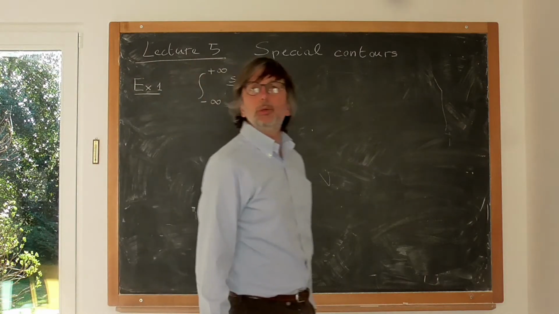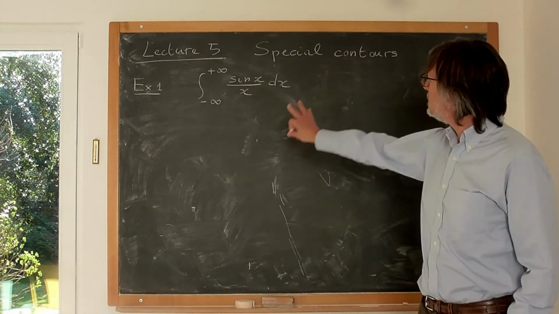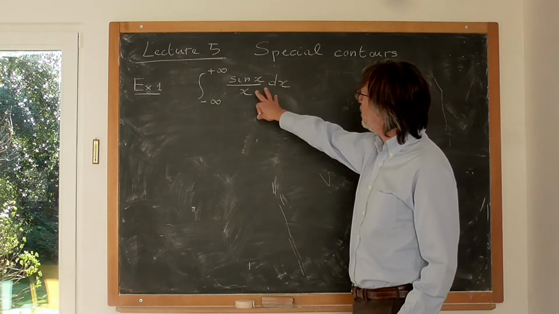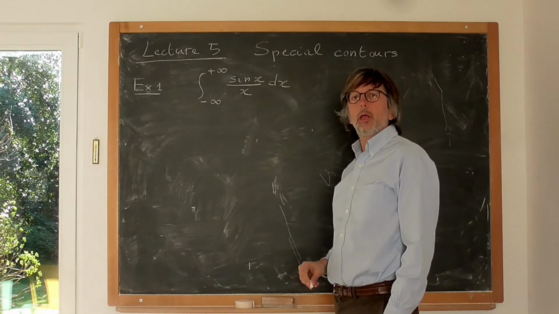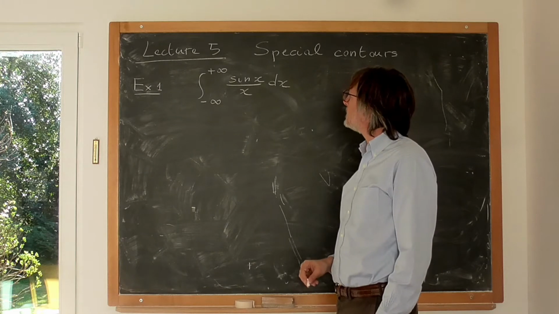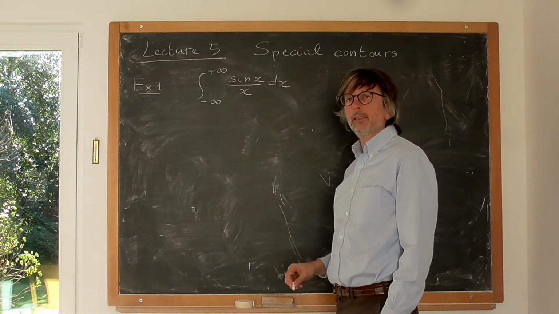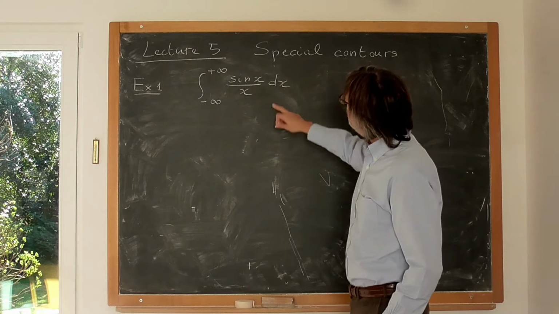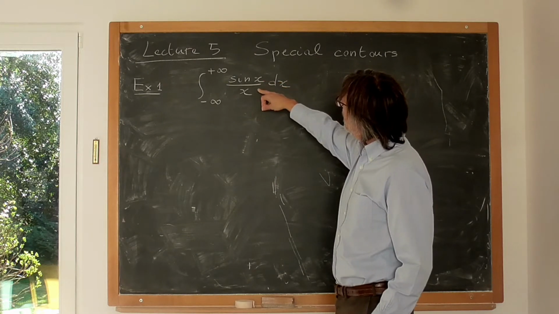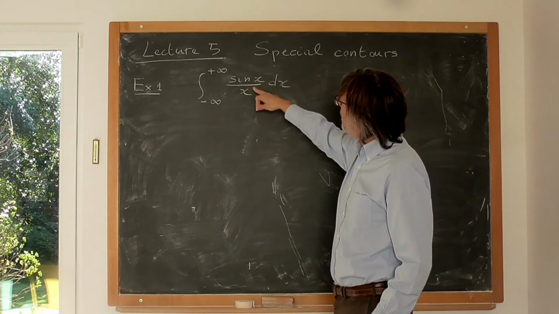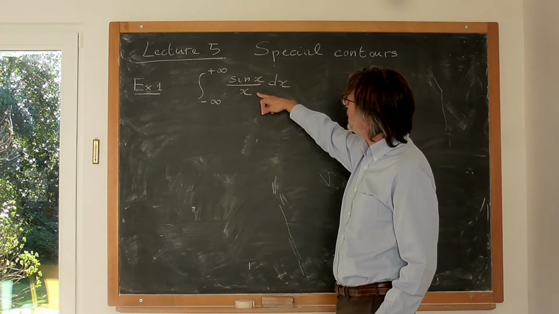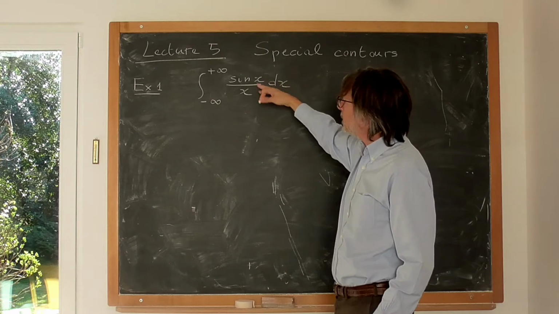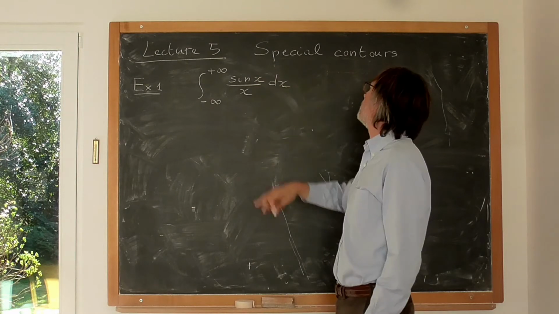So, in order to compute this integral, so this is an integral which is similar to those that we treated last time and we labeled as type 3. So it's sin x multiplied by a rational function where the denominator has degree at least one more, in this case exactly one more than the numerator.